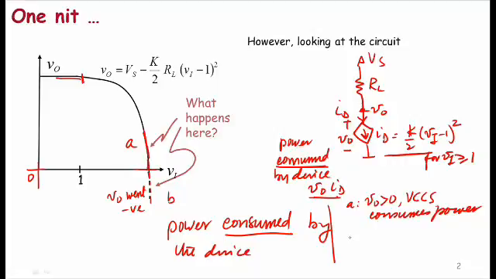But then something very strange happens in B. As soon as VI increases beyond a point, V naught becomes negative. When V naught becomes less than 0, V naught ID becomes negative.